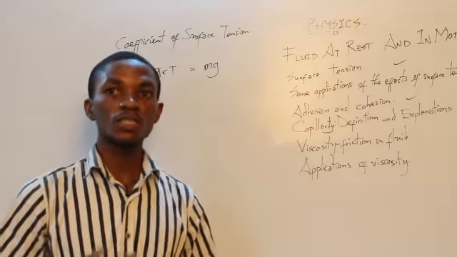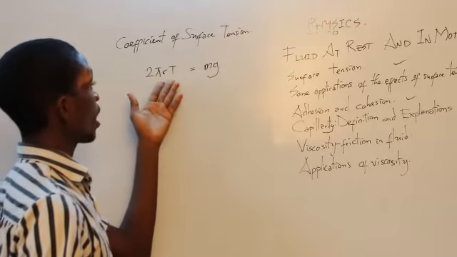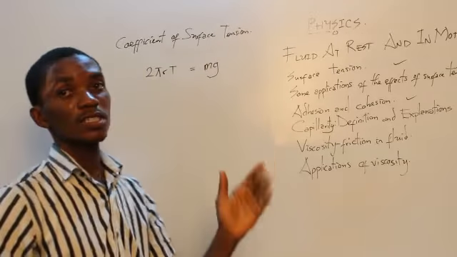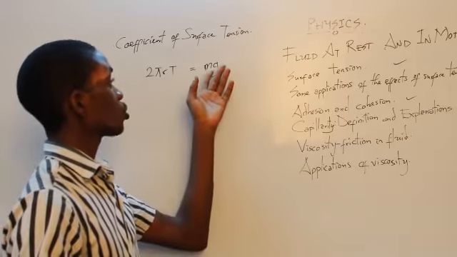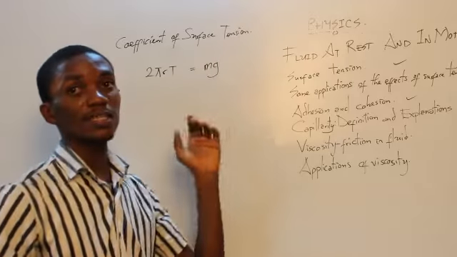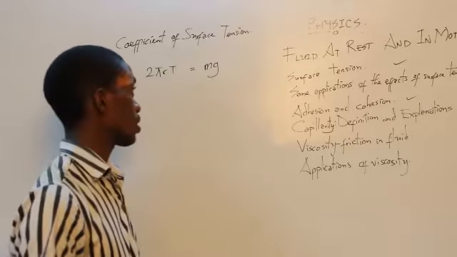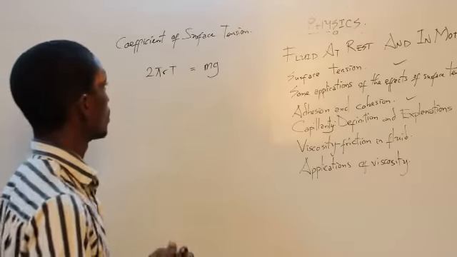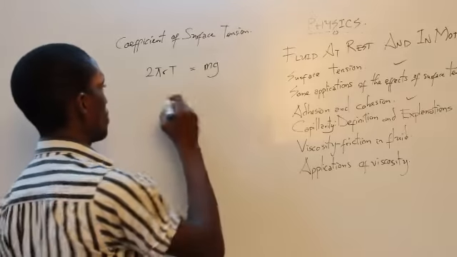So we want to get the coefficient of surface tension. Our expression here is 2 pi r T, representing our surface tension, while mg is the effect of the mass on the surface of the water. So let's see what we can get out of it.